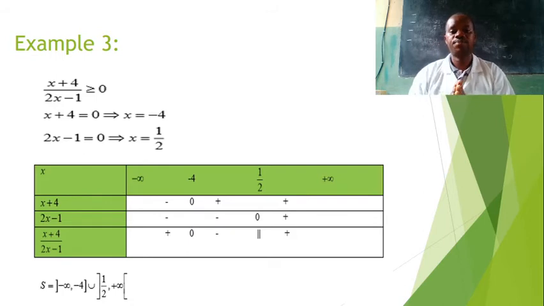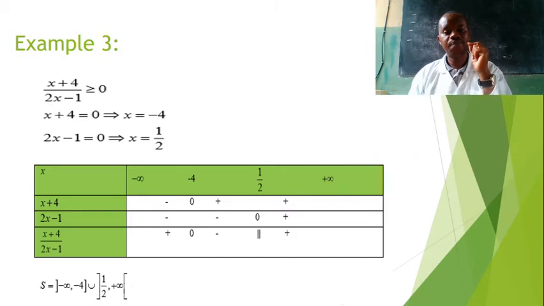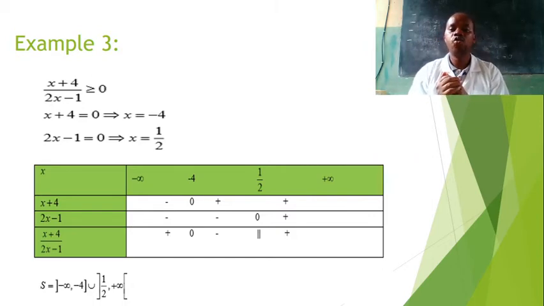But when x is equal to 1 over 2, the denominator will be equal to 0, and x plus 4 over 2x minus 1 will not be defined.